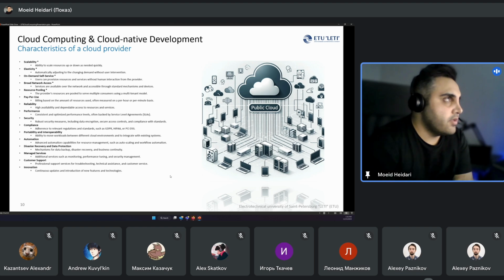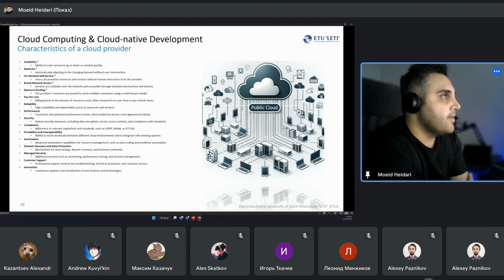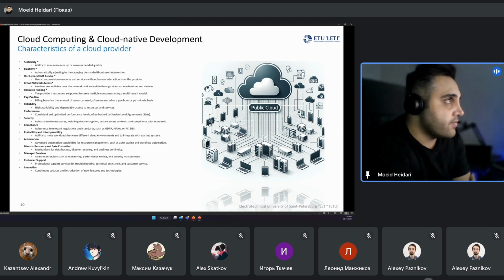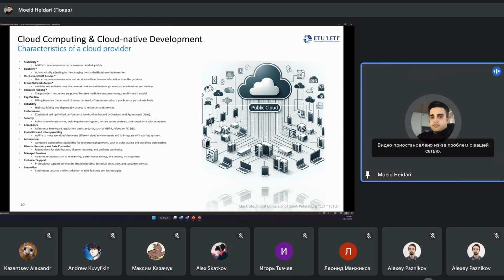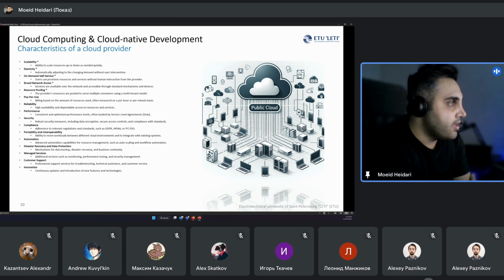So the next topic, which is one of the major things when we are talking about cloud provider systems, and it doesn't matter if it's a public cloud provider, a private or hybrid one, or even a community cloud provider, is that we have some concerns when we provide such a service.